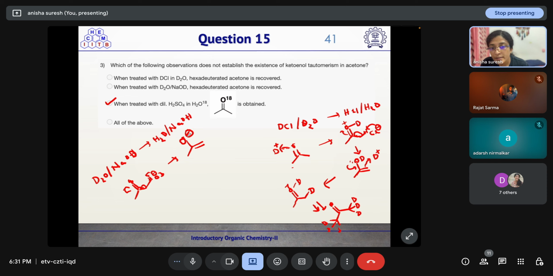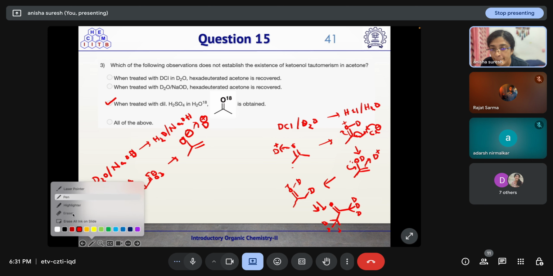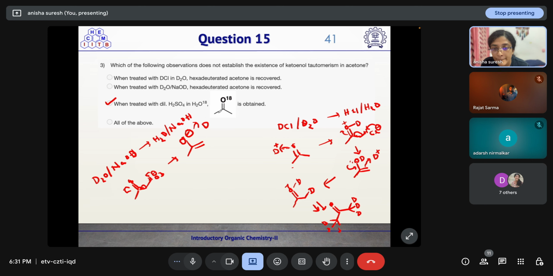And this O minus can abstract D plus from the medium, from D2O, and it will lead to formation of OD like this.